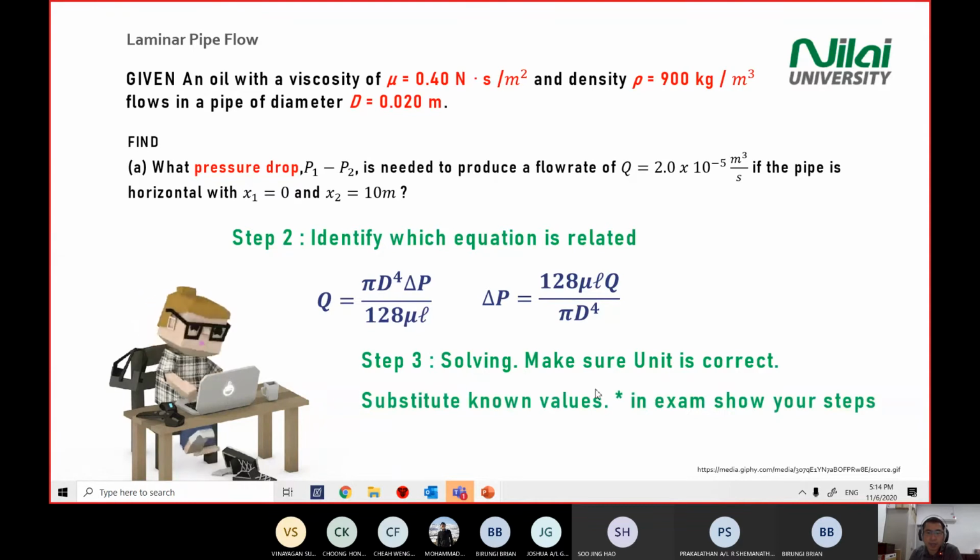Substitute. Just a reminder, in the exam, you need to show your steps. Although in the lecture, I do not show you the substitution of numbers, in the exam, you need to. So if you substitute the values later on in your own time, the reference answer for you to check is that the delta P will be 20.4 kilopascal.